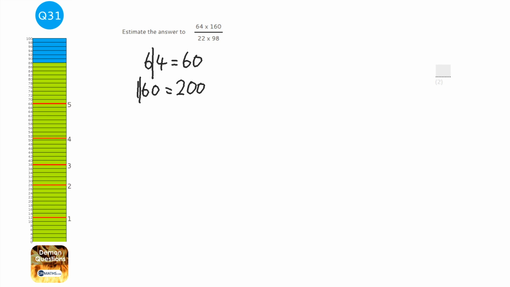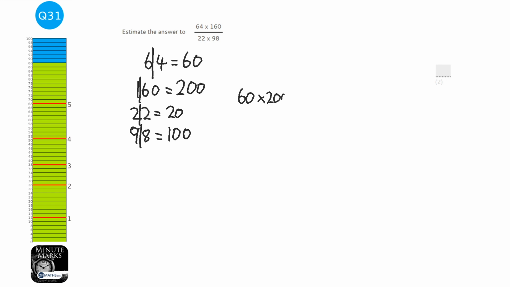And the other numbers will turn to 0. 22 at the bottom, line goes down there, that rounds to 20. 98, line goes down there, the 9 will go up to a 10, and the 8 will turn into a 0. So that question turns into 60 times 200 over 20 times 100.